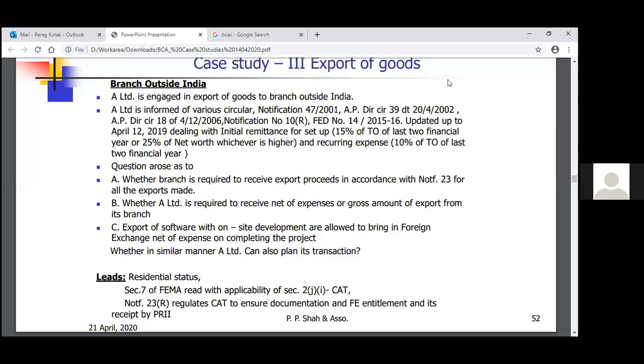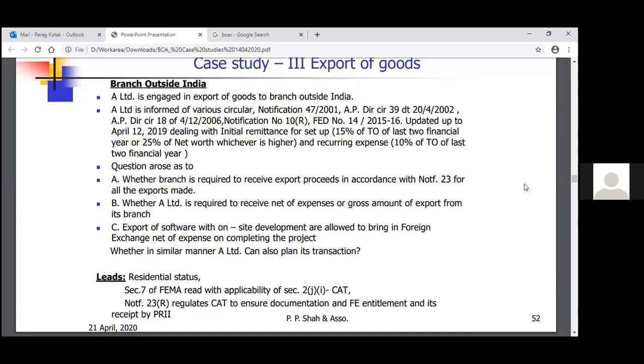The second question is whether the company A Limited, whose branch is outside India, is required to receive net of expenses or the gross amount of exports from its branch. And third, exporters of software with on-site development are allowed to bring in foreign exchange net of expenses on completing the project. Whether in a similar manner, A Limited can also plan its transactions. So these are pure and simple questions.